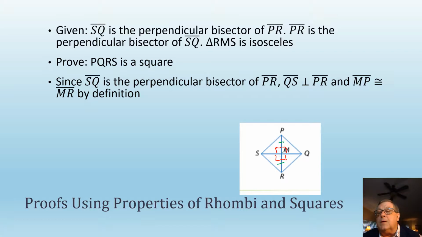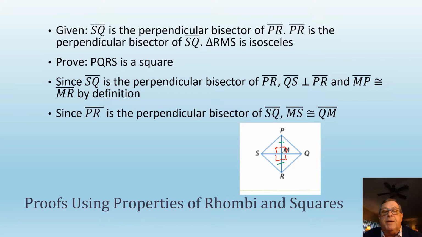Now let's see what else we got. Since segment PR is the perpendicular bisector of segment SQ, well then that means that MS, this segment, and QM, this segment, are also congruent.